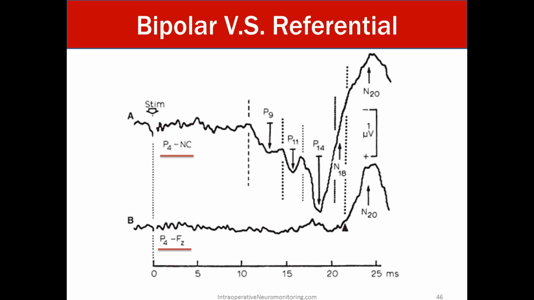If I'm just looking at this here, I can see all these small far field potentials. I know they're far field because I know what the generators of them are. I see on the second one, it has more of an isopotential, and it has a cortical recording. I see this response is coming in somewhere around N20, or 20 to 25, most likely looking at an upper extremity.